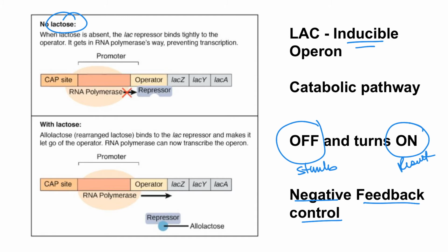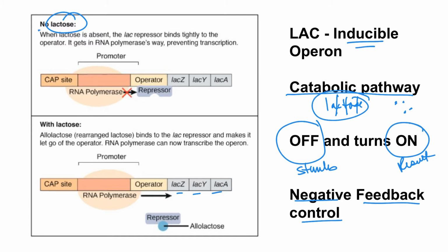Normally this is going to be a catabolic pathway because lactose, we know, is a disaccharide. When lactose is present, I'm going to need these enzymes to break down the lactose into the monomers, like glucose.